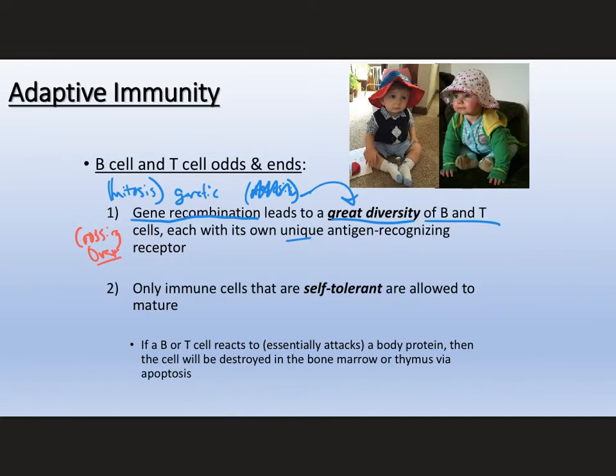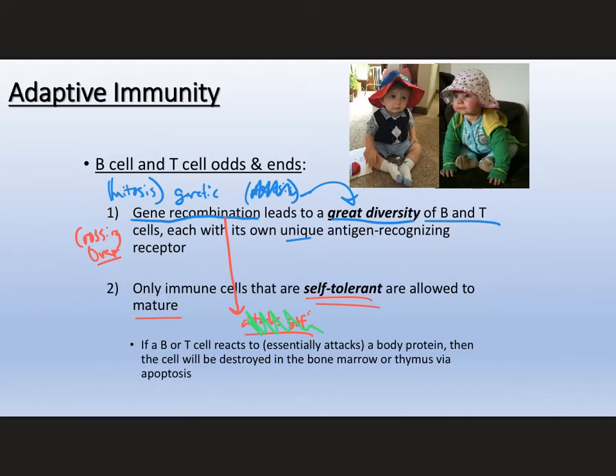Now, the second thing that's kind of interesting is that the only immune cells that should be allowed to mature are ones that are self-tolerant. So sometimes they accidentally make, through this genetic recombination, a cell that will attack the self. Right? Now that's a big oops. And so what happens is you get rid of that cell.